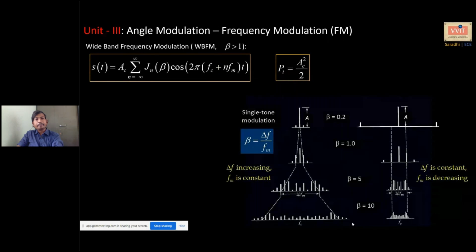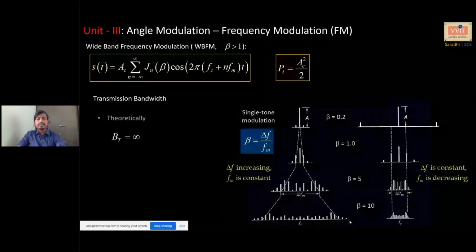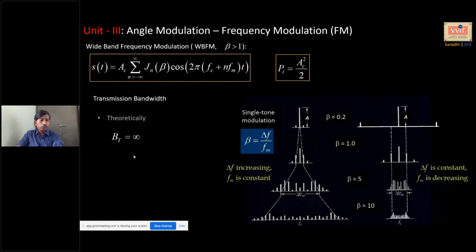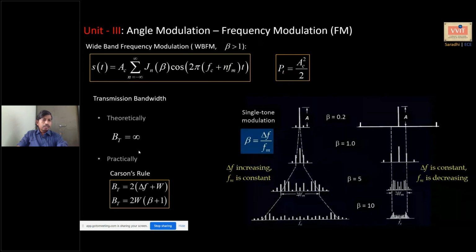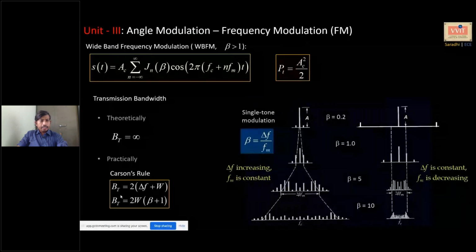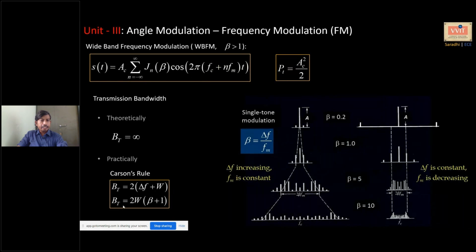Theoretically speaking, the transmission bandwidth required is infinity, but in practice such bandwidth is not possible to realize. That is why practically Carson developed one rule, and according to that rule the transmission bandwidth required would be 2 into delta F plus W, where W is the message bandwidth, or BT equal to 2W into beta plus 1.